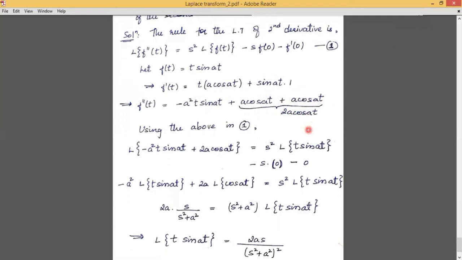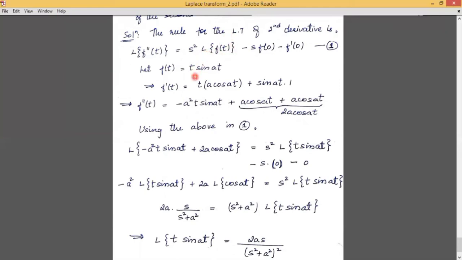Okay. So using all these things here in this formula, we'll get Laplace transform of f double dash of t. What is f double dash of t? It is minus a square t sin at plus 2a cos at. That I have written equal to s square into Laplace transform of f of t.